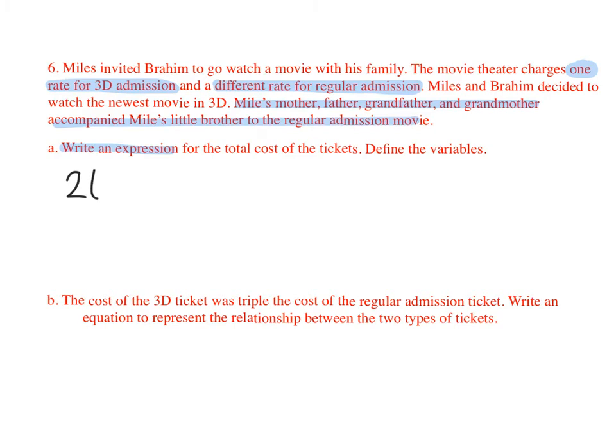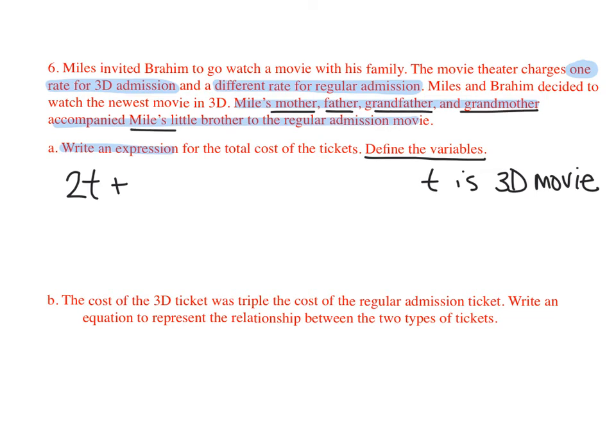So let's just use T for their tickets. T is 3D movie. Because it says define the variables here, so I went ahead and defined. T is a 3D movie. Plus, we've got the mother, the father, the grandfather, the grandmother, and the little brother. 5 people seeing a regular movie.